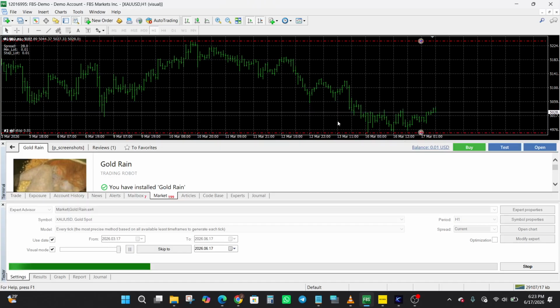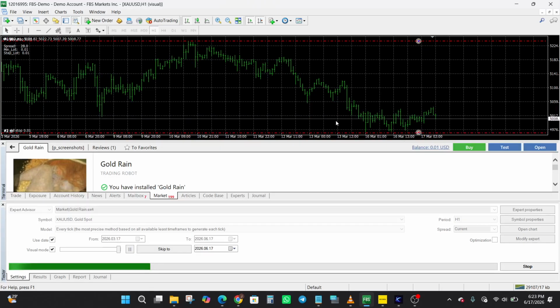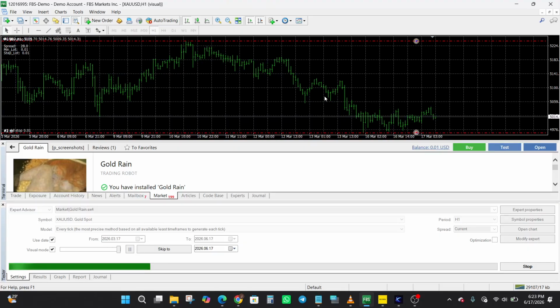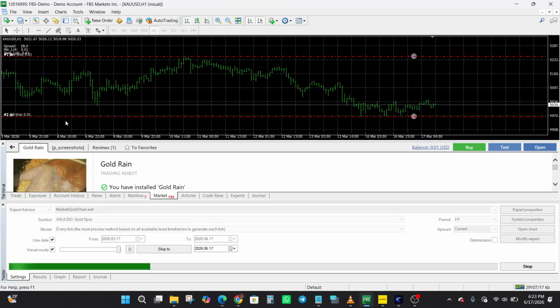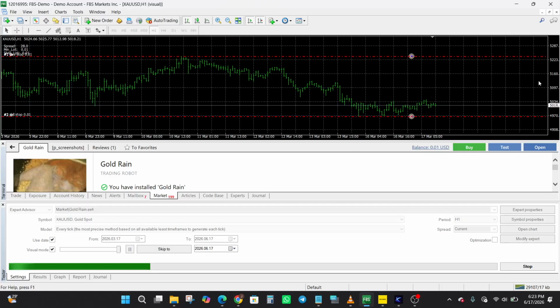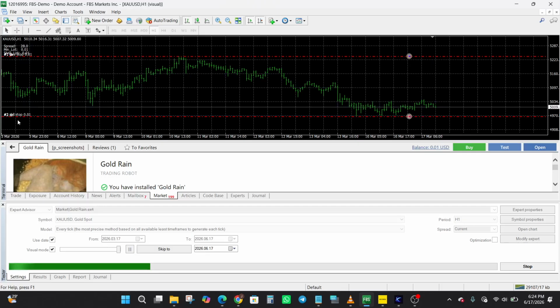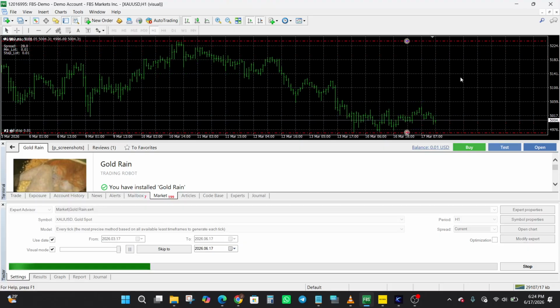Okay. Looking at the historical chart activity, the overall approach appears consistent with the developer's description of breakout based scalping. We can see here how sell stop was placed and buy stop was placed alongside those exit levels, right?